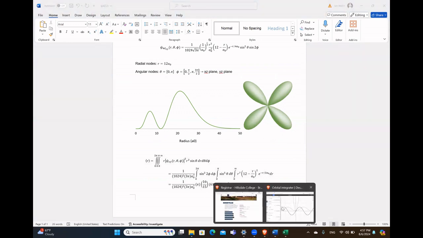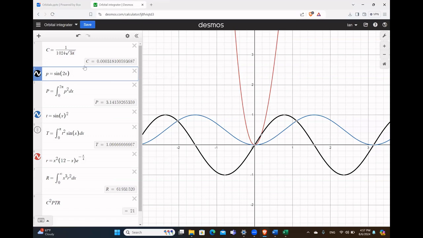What we're going to do is just go ahead and evaluate these. So what I have done is I have taken my various functions here. This is my phi function, so it's sine of 2x. And then I integrated that from 0 to 2 pi, that squared. And then my theta function is sine theta squared. So I took that, squared it, multiplied it by sine x, got an answer. And then here's my R function as well.